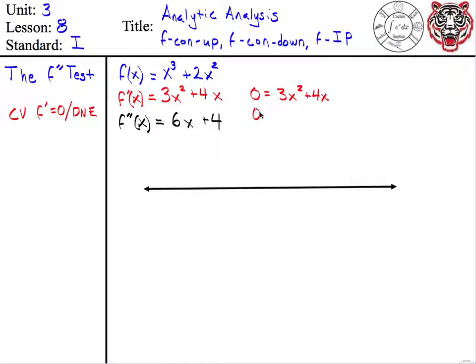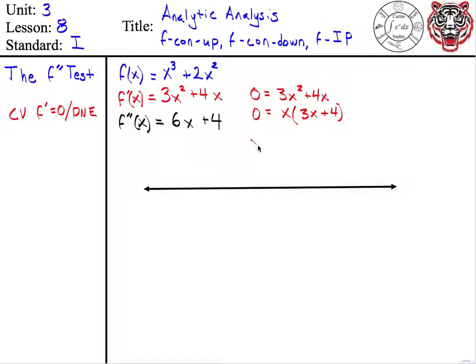Would it be x times 3x plus 4? There it is. I factored out an x. All right. Zero product property means I'm setting one thing equals 0 and the other thing equals 0.